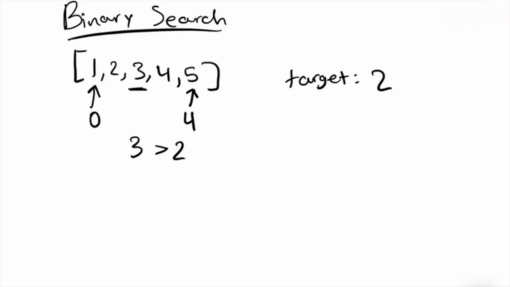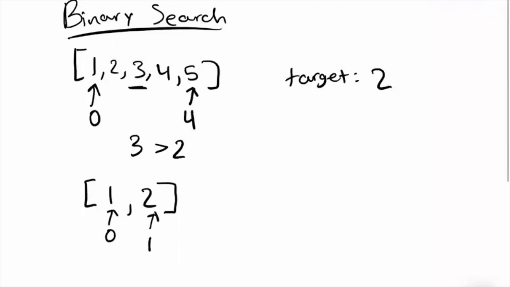So what happens is our high point, instead of being 4, it's now going to shift to 1, or the second element. And so now 1 is our high and 0 is our low.